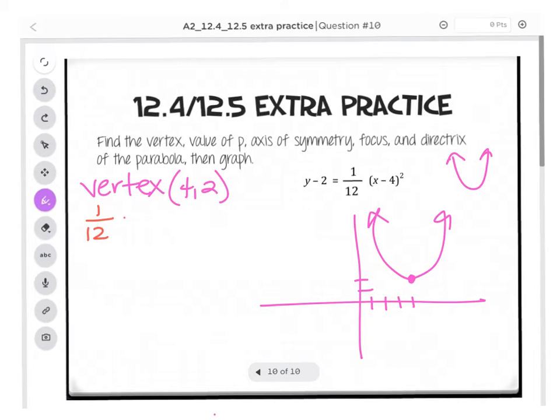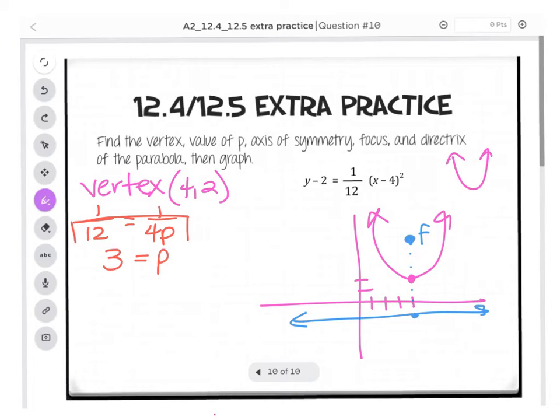1 over 12 equals 1 over 4p. Ignore the top, and I'd get p equals 3. So I go up 1, 2, 3. That's my focus. I go down 1, 2, 3. That's my directrix.